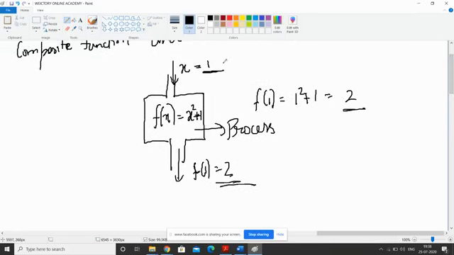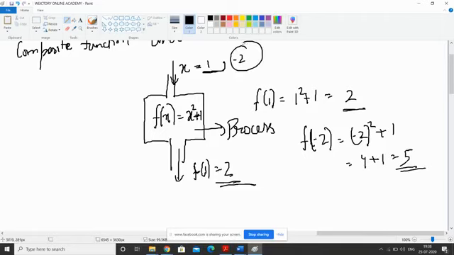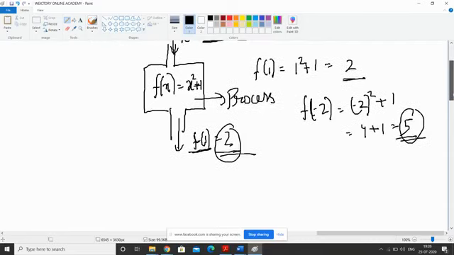If you give, let's say, -2, then what will the function return? -2 square plus 1, so it will give you 4 plus 1, which is 5. So if you put -2, it will return 5, right? Here x are the inputs or the commands you give, and these are the outputs by the function, right? So this is the introduction of the function.